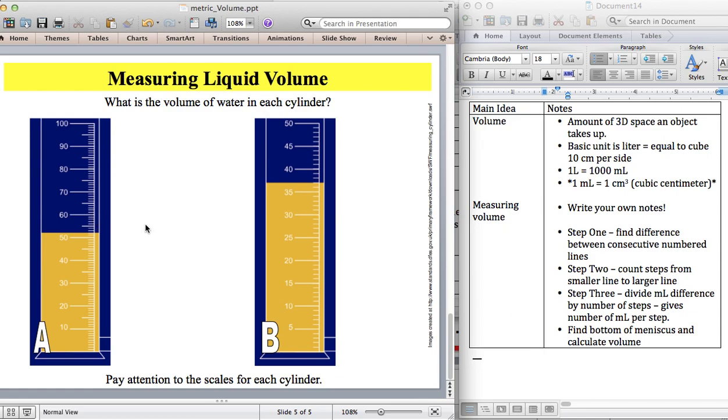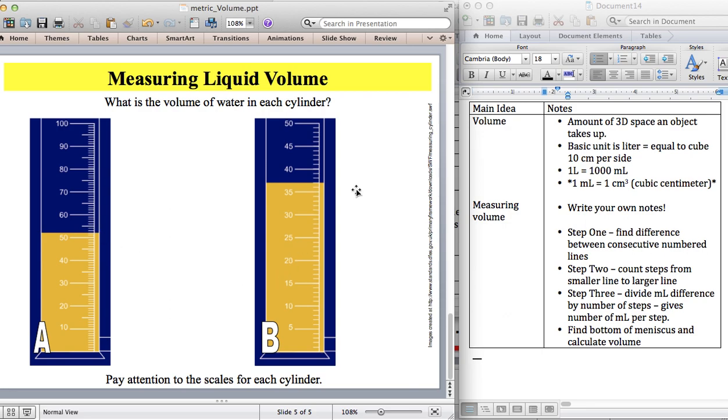So 10 steps. Divide the milliliter difference by the number of steps. It was a 10 milliliter difference divided by 10 steps. Tells me that each step is worth 1 milliliter. So now I need to find the bottom of my meniscus. So 50, 51, 52 milliliters would be my volume for that graduated cylinder.